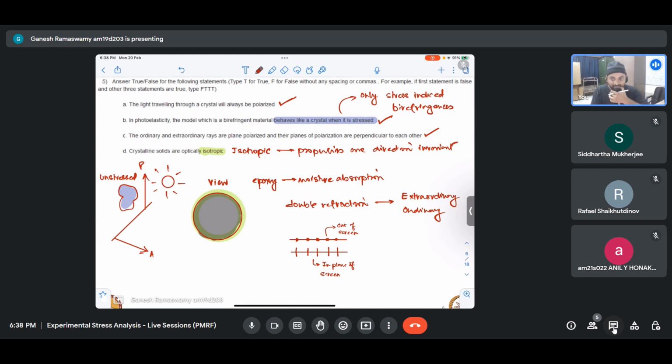The crystalline solids are not optically isotropic. They have an optic axis. So it depends on how the light impinges on it. That will tell you how the response would be. So definitely this is not true. Rest being true. So I hope that this is clear.